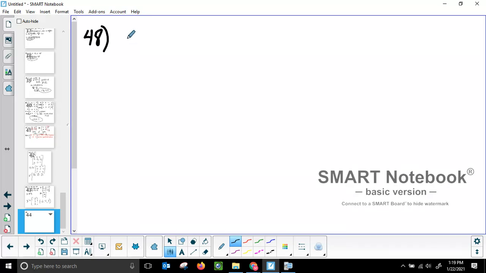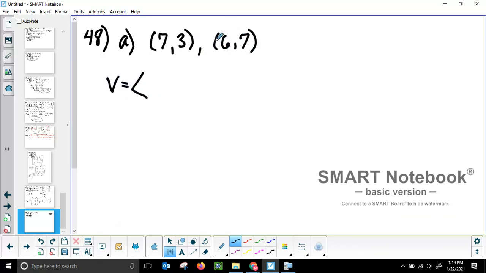All right, and part A has initial point 7, 3, and terminal point 6, 7. So to find the vector v, we do the x-coordinate of the terminal point minus the x-coordinate of the initial point.